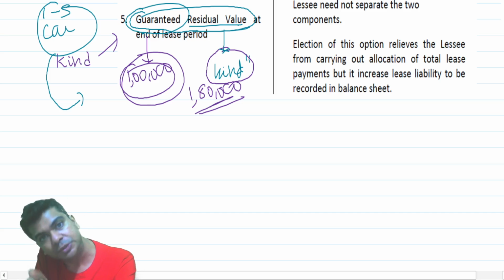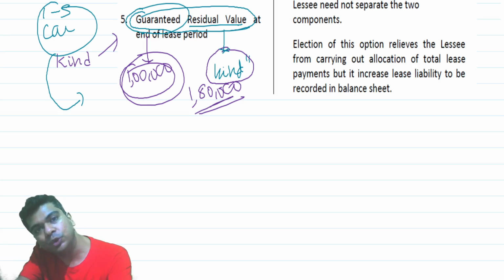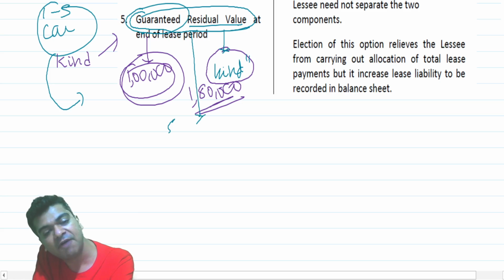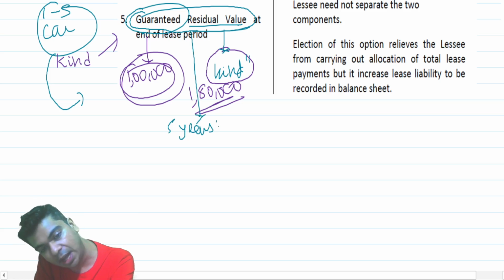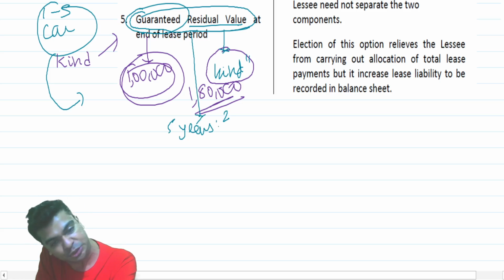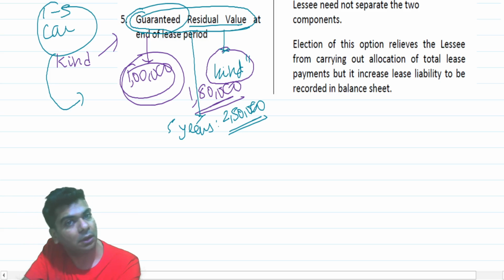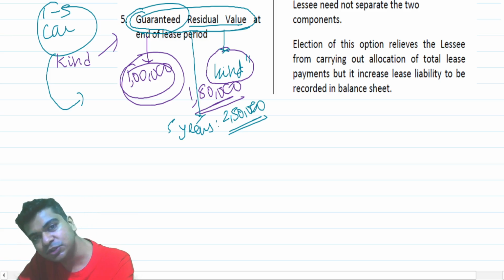You know, today when I am giving this car on rent to you, on lease to you, I tell you that, see, after 5 years when you return back this car, it should have a residual value of 2,50,000. This is what I suggest to you.